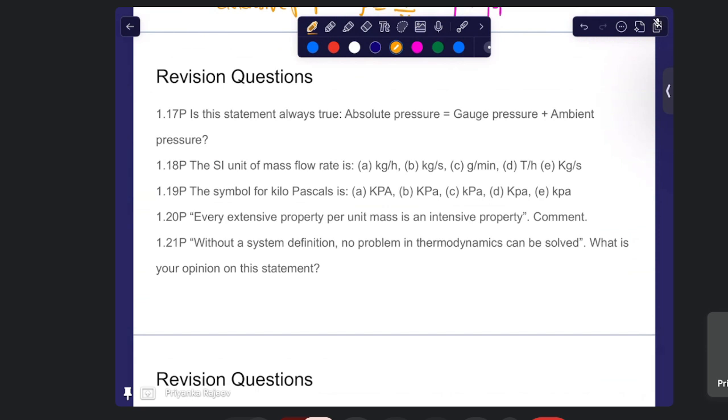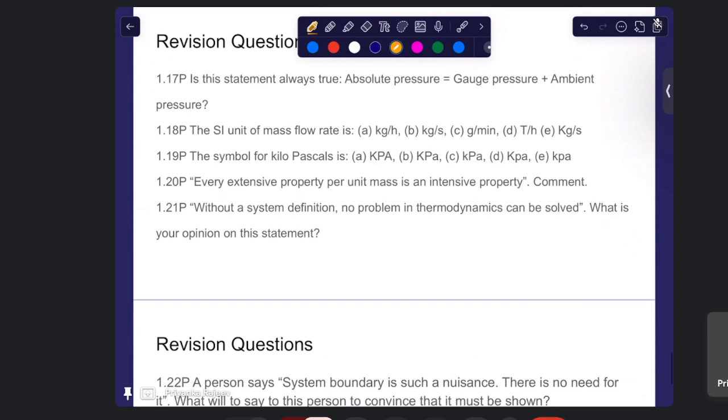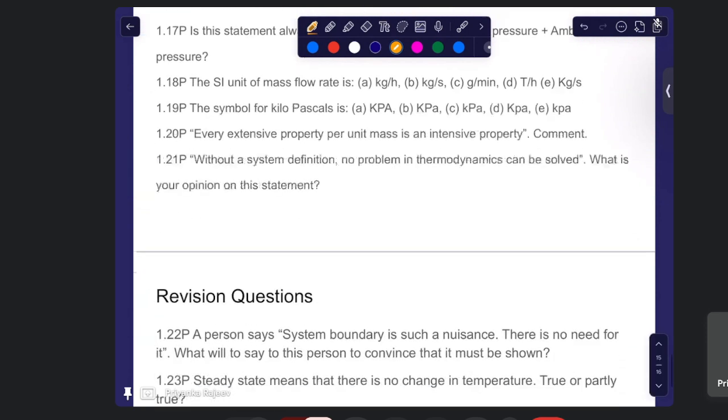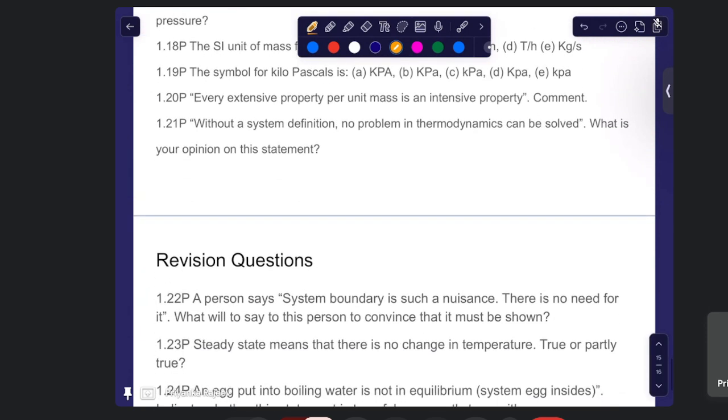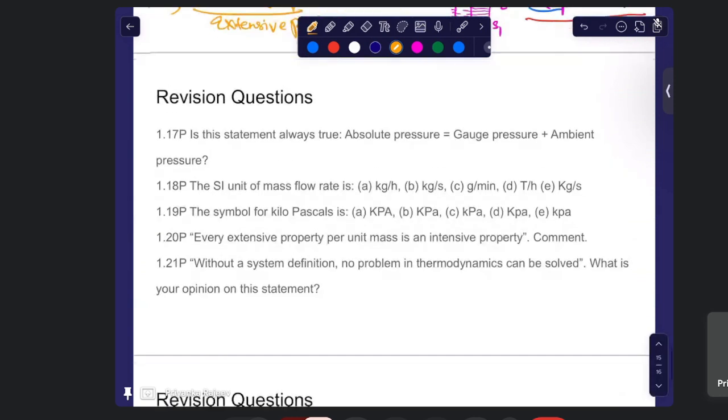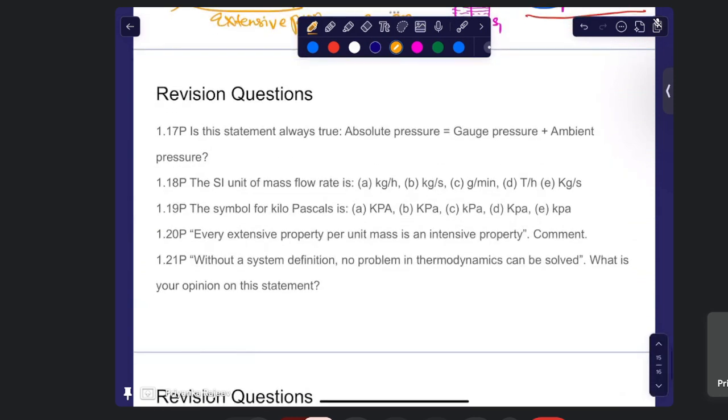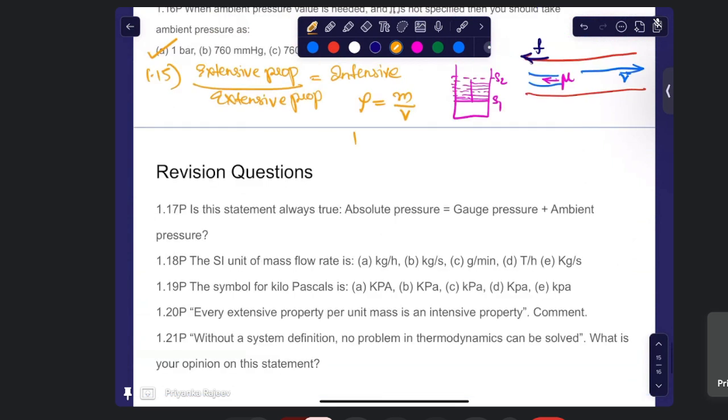Absolute pressure, okay, this is a very important concept. I'll draw this now. 1.17.